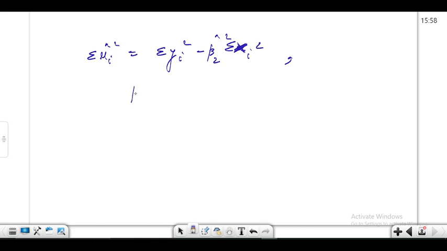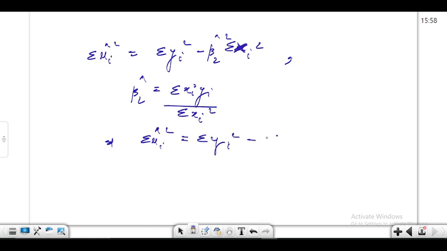From here I know that beta 2 hat is equal to summation xi yi upon summation xi square, and this implies summation ui hat square is equal to summation yi square minus summation xi yi whole square upon summation xi square.